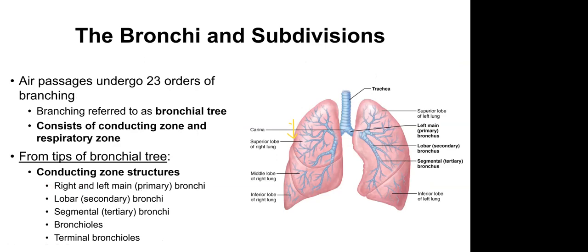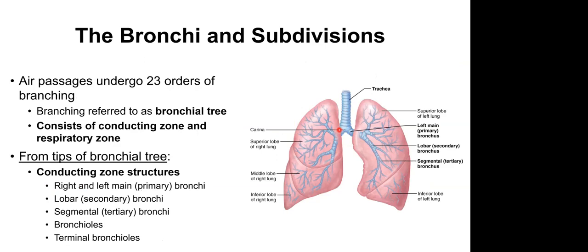So I just mentioned that the trachea branches into the left primary and right primary bronchus, but that's not the only division that happens. So the air passages undergo 23 orders of this branching, and this branching is often referred to as the bronchial tree.